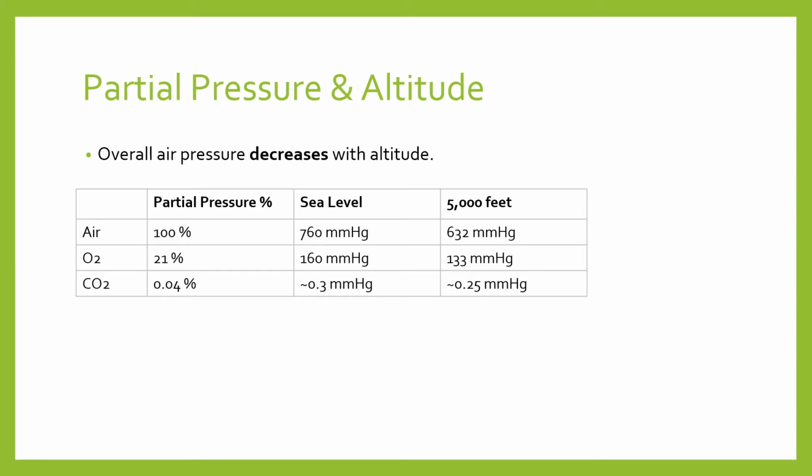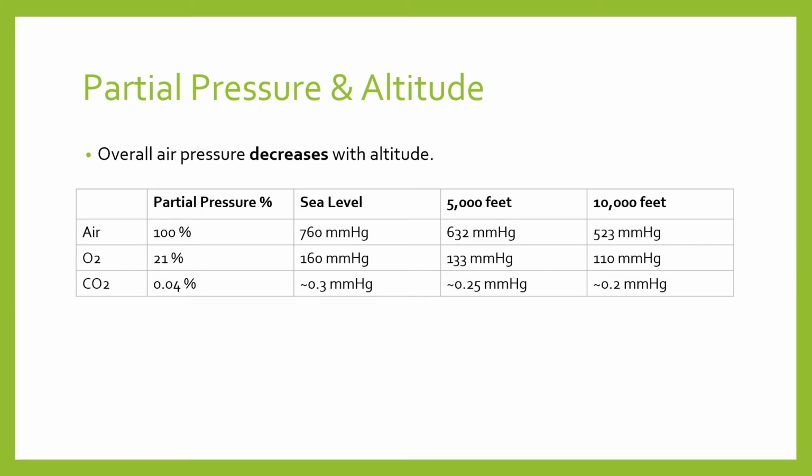Let's move up to 10,000 feet. Same concept again. The further we go up, the fewer molecules we'll have in our cubic meter of air, and so the overall total pressure is lower again.